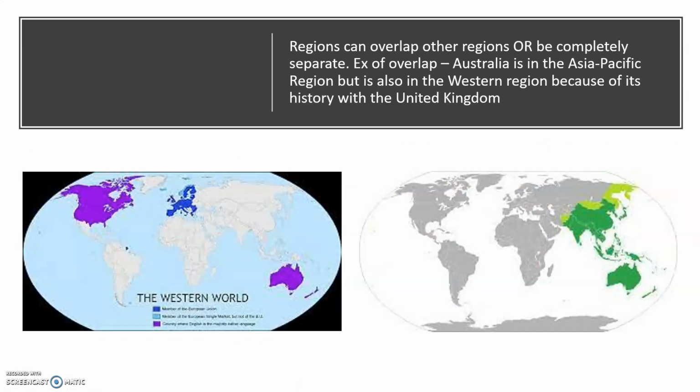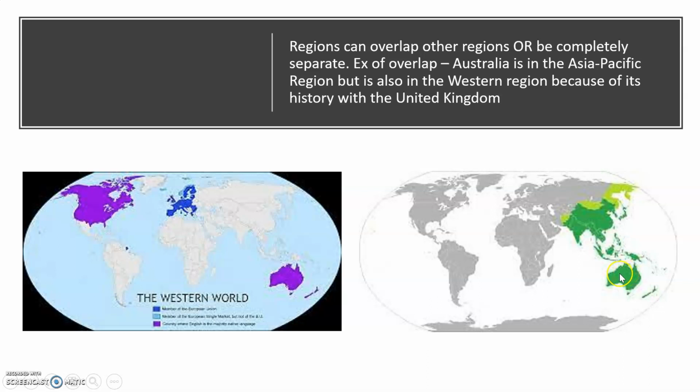Regions can overlap other regions or be completely separate. An example of an overlap would be that some say that Australia is in the Asia Pacific region. This bottom map on the right shows Asia Pacific and also shows Australia with that because it is in the Pacific.